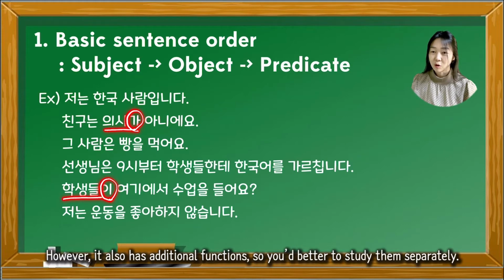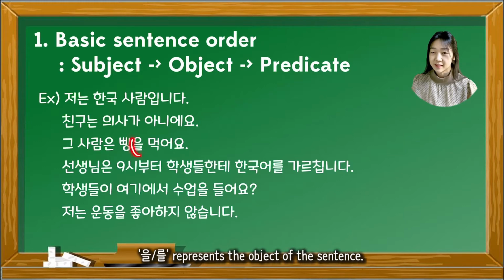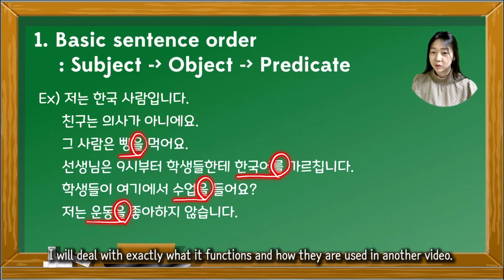However, it also has additional functions, so you'd better study them separately. 을 represents the object of the sentence. Because it is often omitted in conversation, I will deal with exactly what it functions and how they are used in another video.